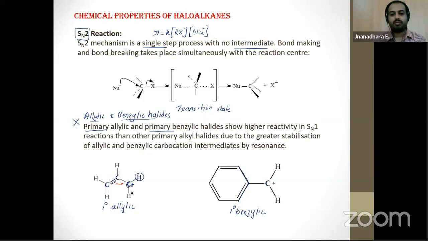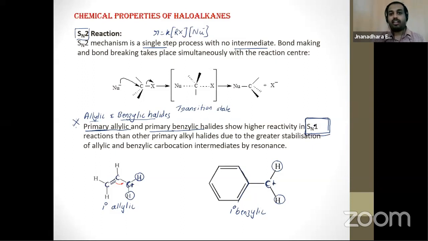Though they are primary, they are less likely to react via SN2. For allylic and benzylic halides, the mechanism is predominantly SN1.